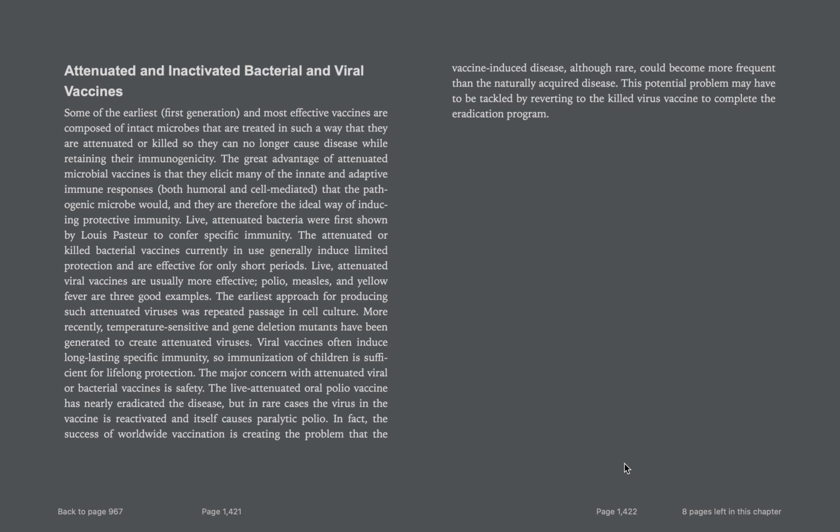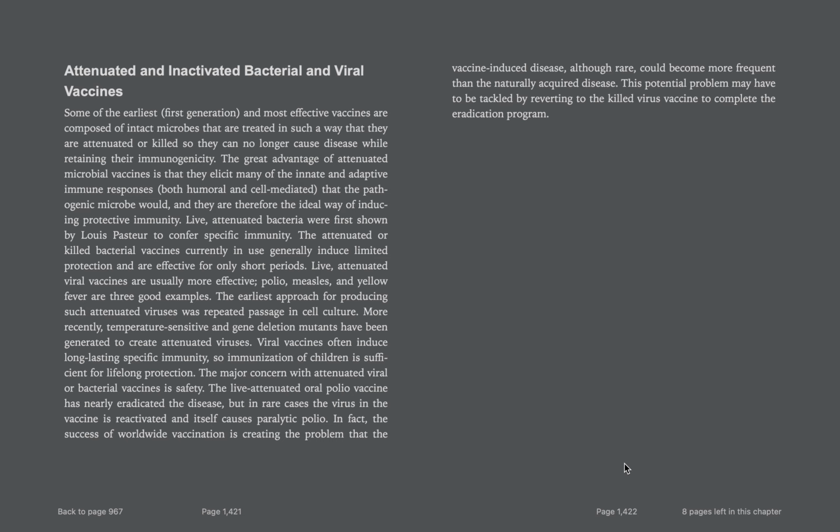The major concern with attenuated viral or bacterial vaccines is safety. The live attenuated oral polio vaccine has nearly eradicated the disease, but in rare cases, the virus in the vaccine is reactivated and itself causes paralytic polio.